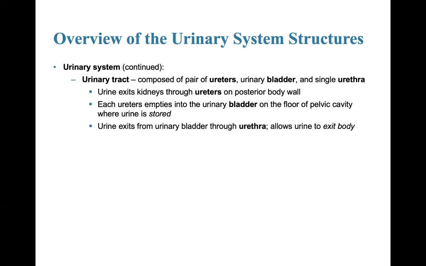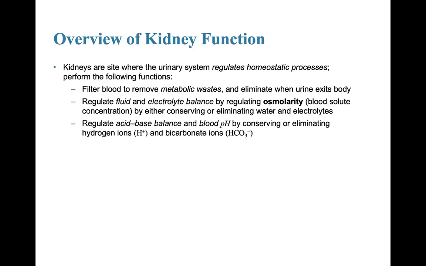Urine will exit each kidney through the ureters on the posterior body wall. Each ureter will empty into the urinary bladder on the floor of the pelvic cavity, and the bladder is where urine will be stored. Urine exits from the urinary bladder through the urethra, and this will exit the body.